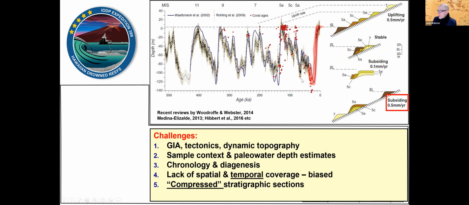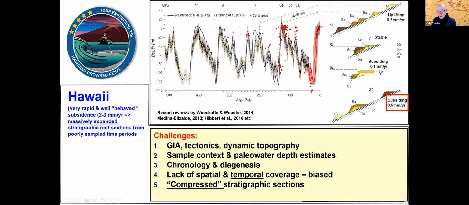And in many cases, the records that we have are quite compressed stratigraphically, in part because of their tectonic setting. And so you really need to go to areas that are rapidly producing accommodation space through subsidence. And that's really where Hawaii comes in, because of the loading of the volcanic edifice over time.